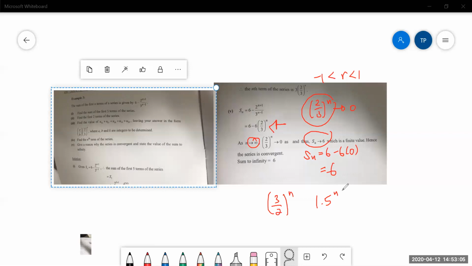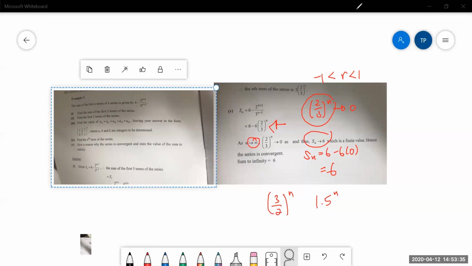It's going to be a super, super huge number, because n keeps increasing towards infinity. So 100%, it has to tend towards 0. If it doesn't tend towards 0, it means it's divergent already. But it only works for fractions, when r is between -1 and 1.